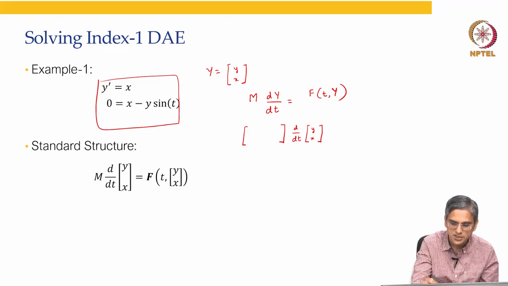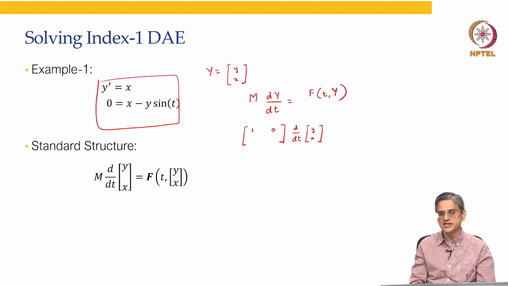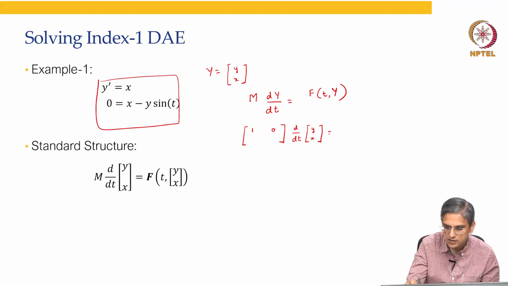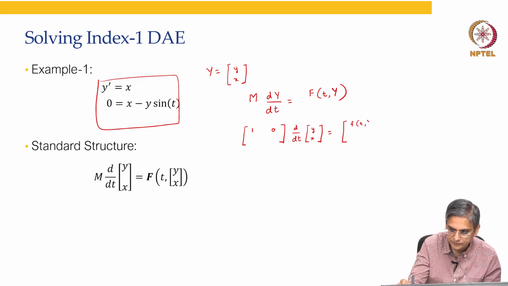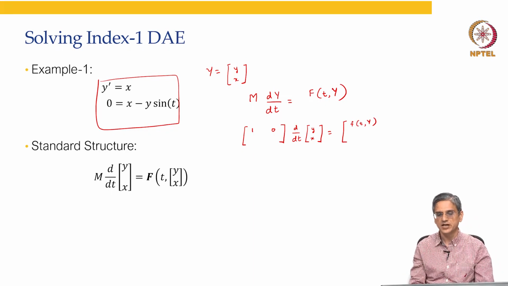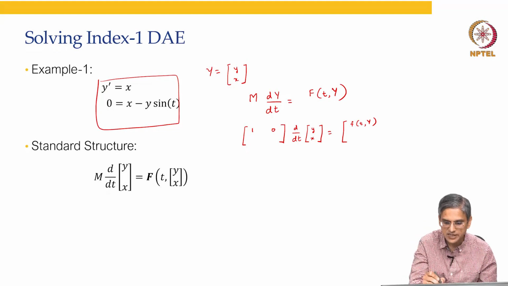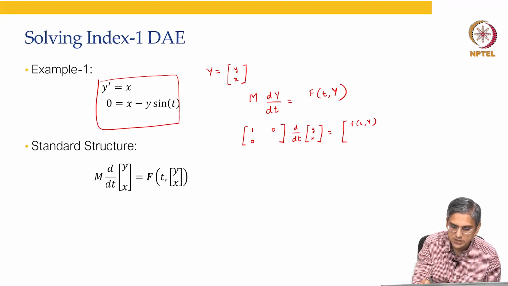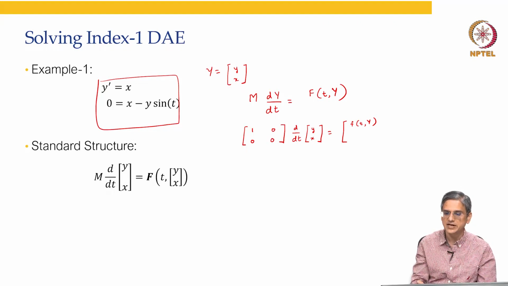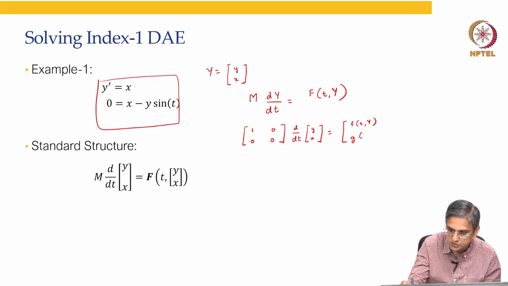The first equation is dy by dt plus 0 multiplied by dx by dt equal to f of t comma capital Y. What is going to be the second equation? The second equation is going to be 0 multiplied by dy by dt plus 0 multiplied by dx by dt equal to g of t comma y.